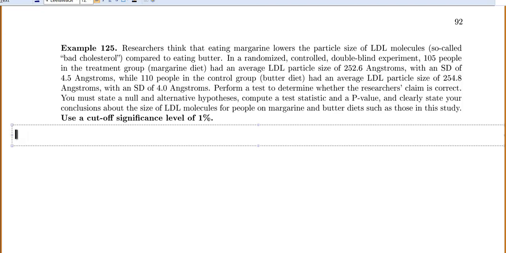Let's start by writing down our information. So we have our treatment, or our margarine, has, let's see, a sample size of 105 people with an average of 252.6 and an SD of 4.5.